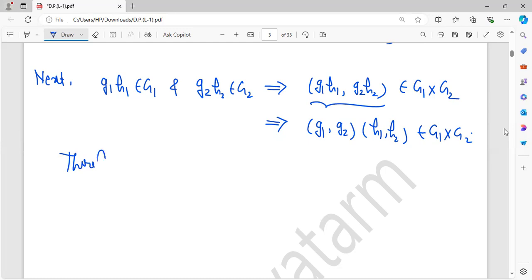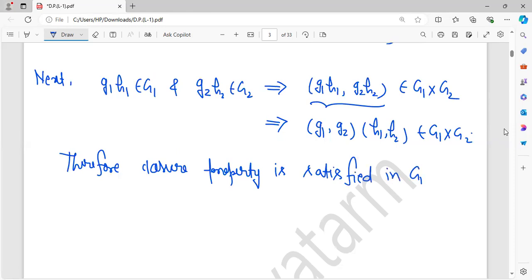Therefore, closure property is satisfied in given G1 cross G2. Okay.